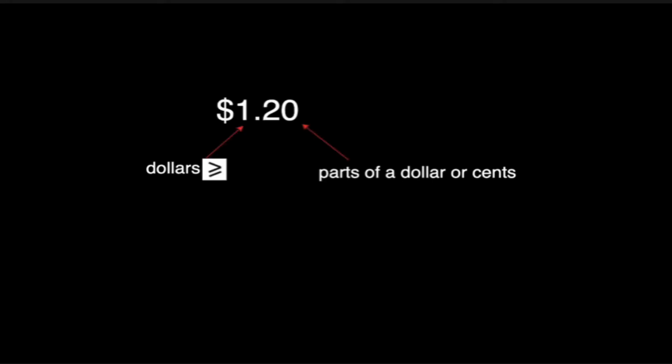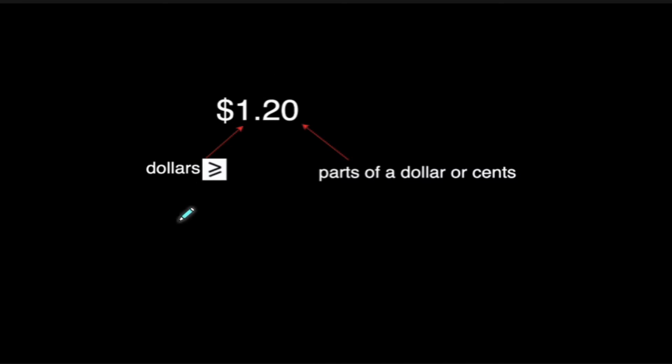Okay, so to better explain the concept of decimals, we'll go ahead and start by using money. So when talking about money, the digits to the left of the decimal point represent the dollar amount or numbers greater than or equal to 1, as you can see expressed here. Now, the digits to the right of the decimal point are representative of parts of a dollar or cents.